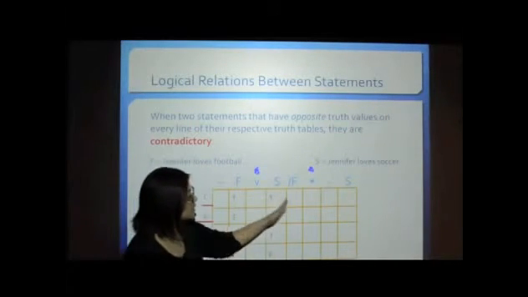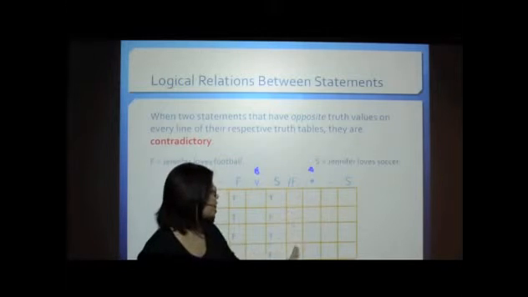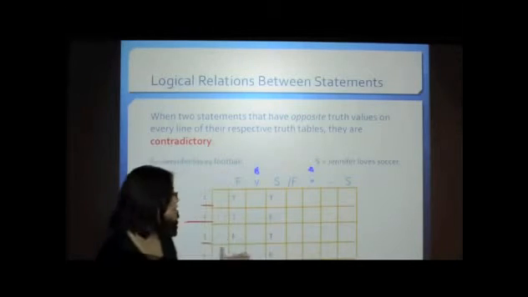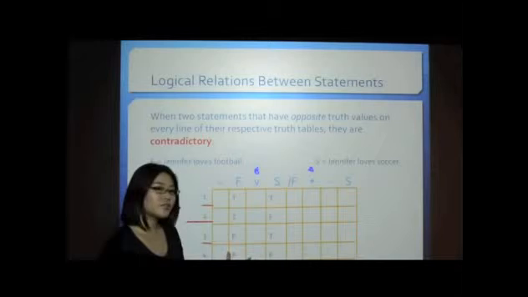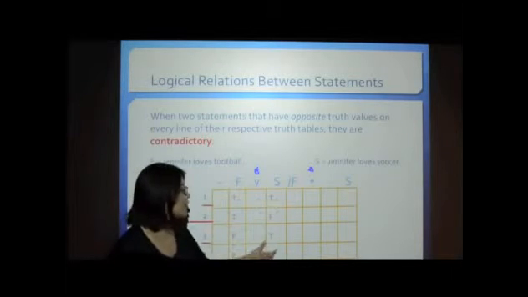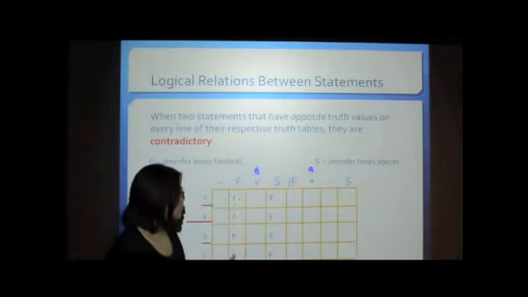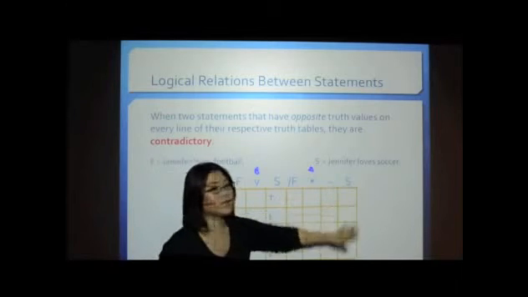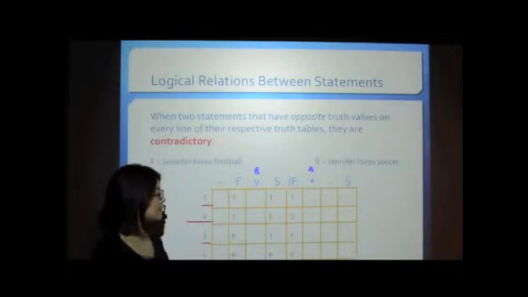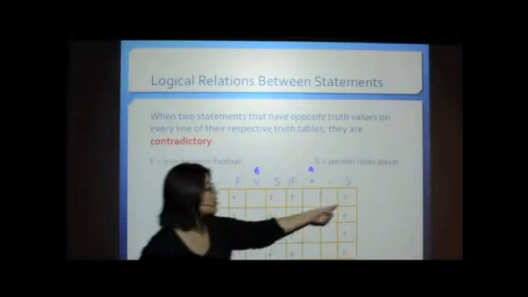For the F and the S over here, since we've already given those variables truth values, we simply use those truth values again: true, true, false, false, and true, false.